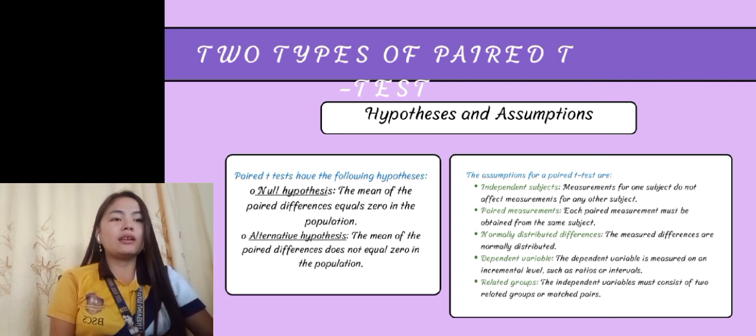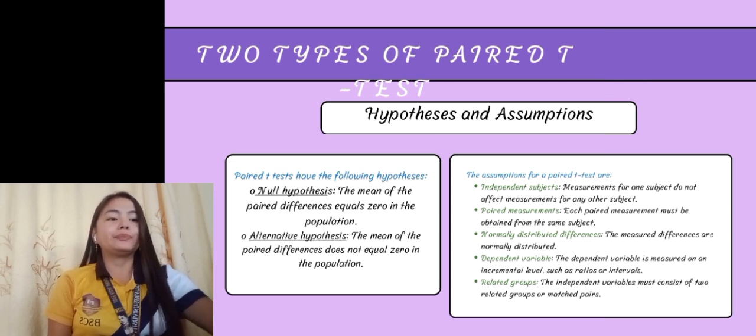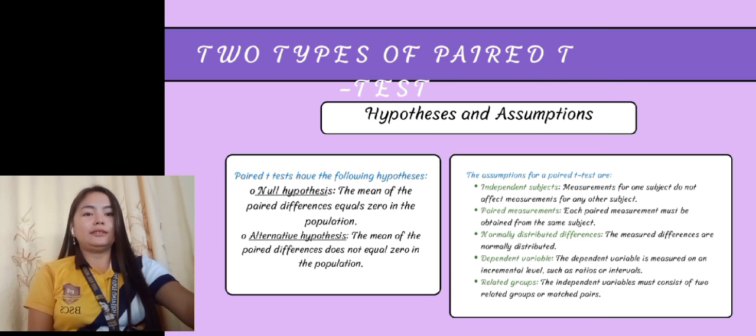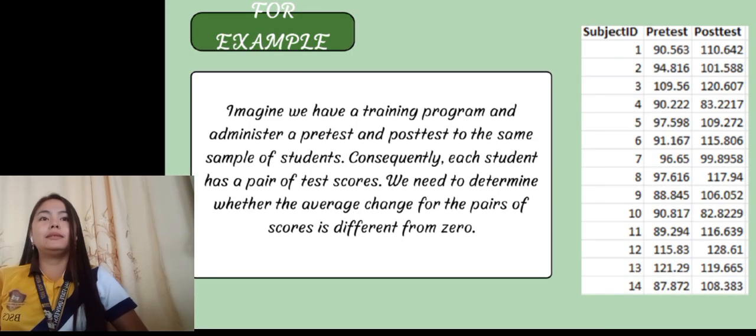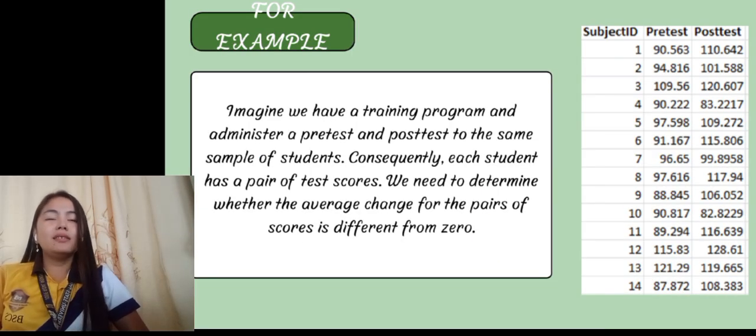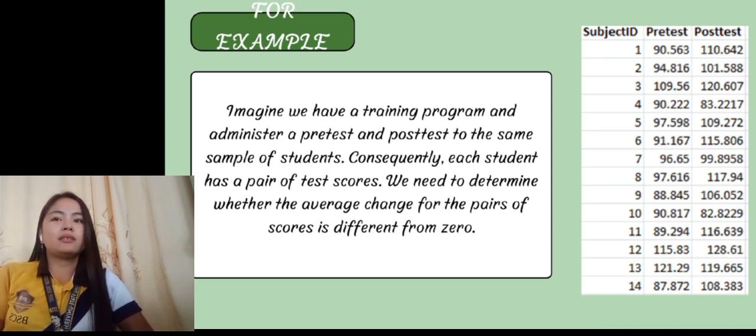Last one is related groups. The dependent variables must consist of two related groups or matched pairs. So for example, we have a data set example with subject, pre-test and post-test.